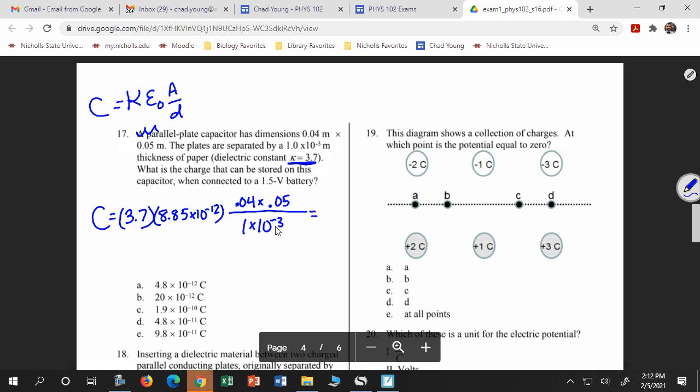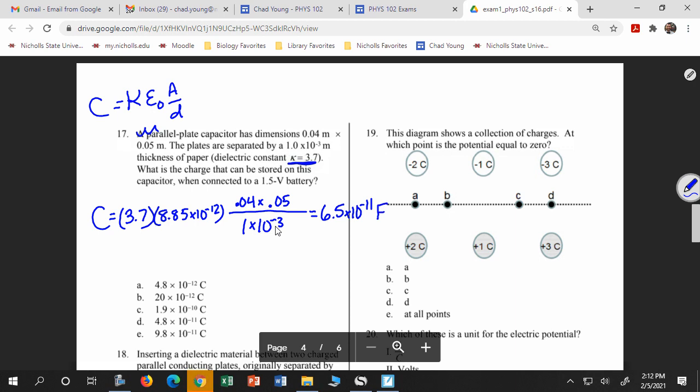And so if I do that, I calculate my capacitance, 3.7 times... I get 6.5 times 10 to the minus 11. But that's in farads.